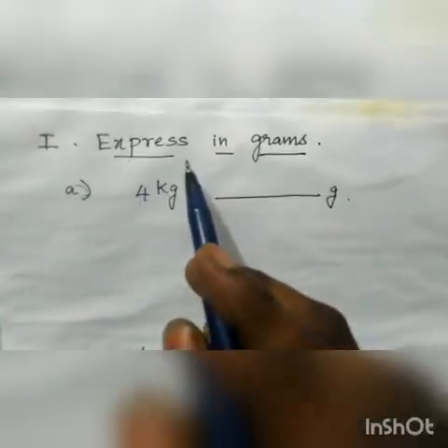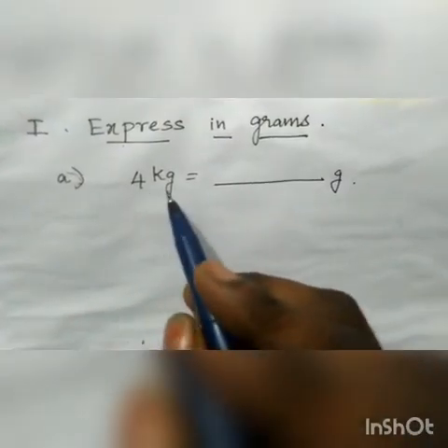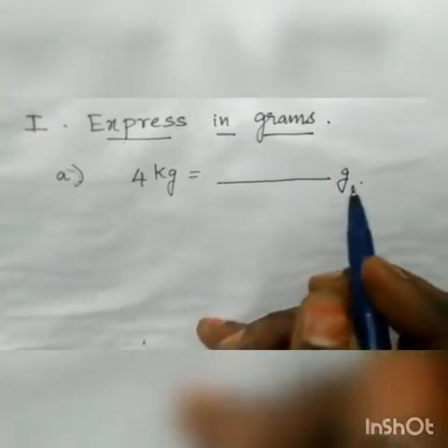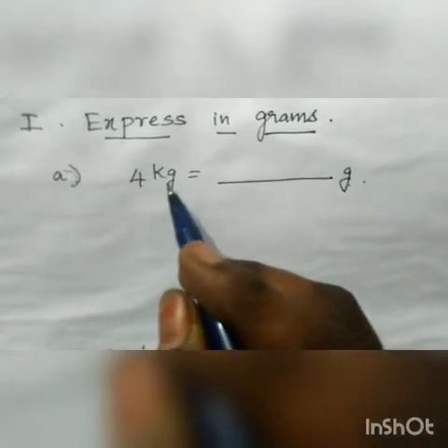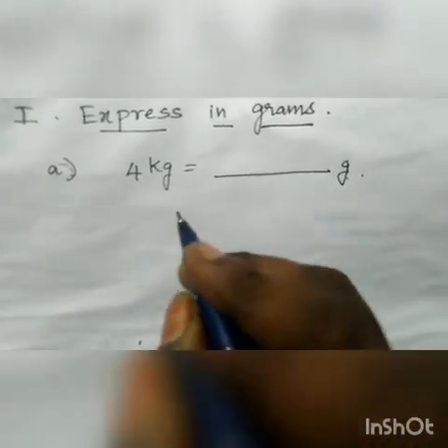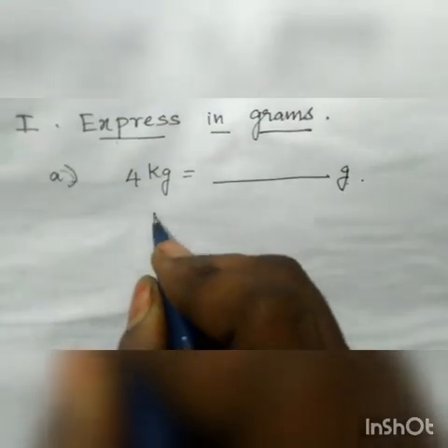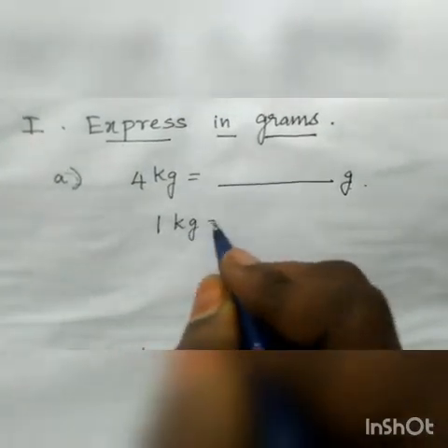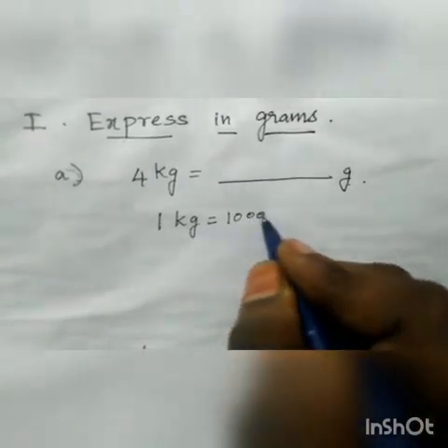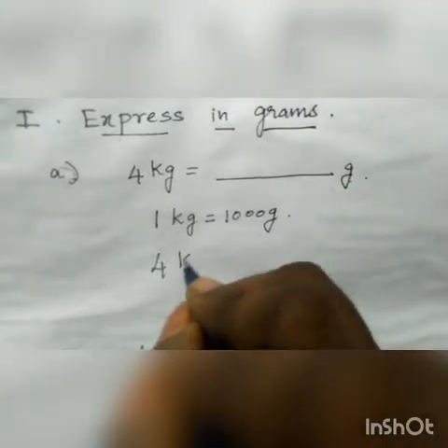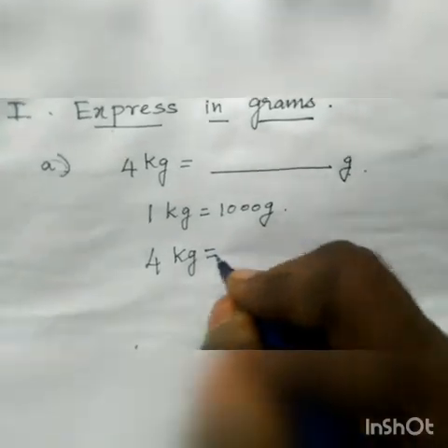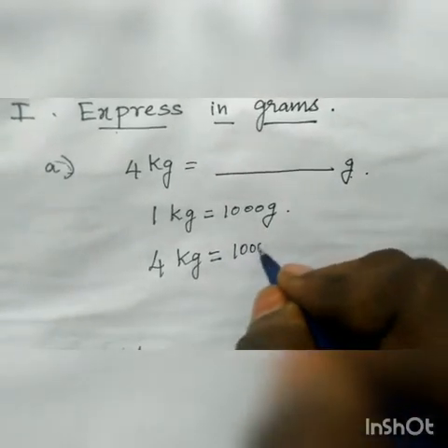Roman letter 1: express in grams. Let me see the first problem. 4 kg is equal to dash gram. How will you find the weight of 4 kg in gram? We know that 1 kg is equal to 1000 gram. If we have 4 kg, we have to multiply 4 with 1000.